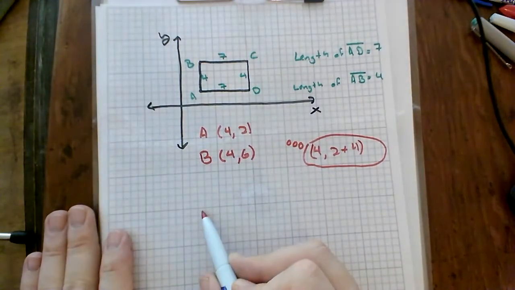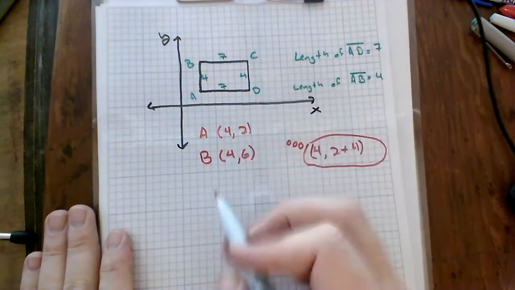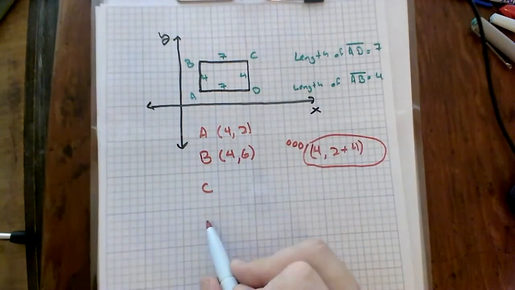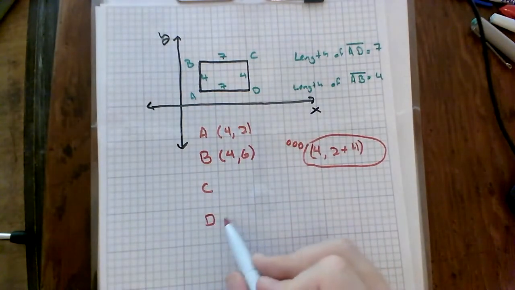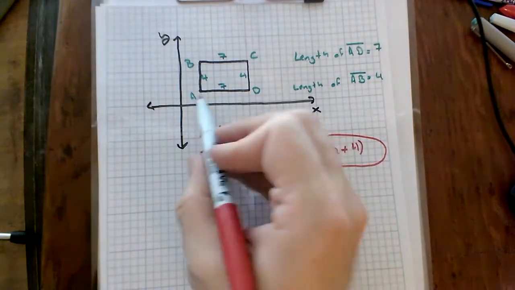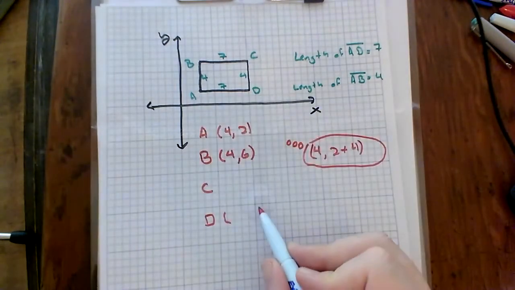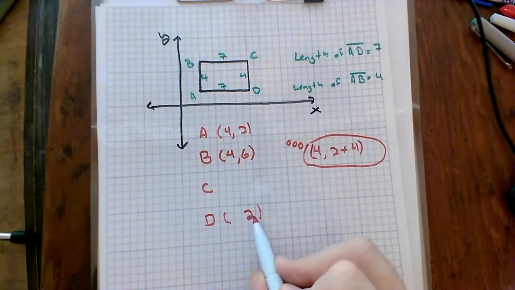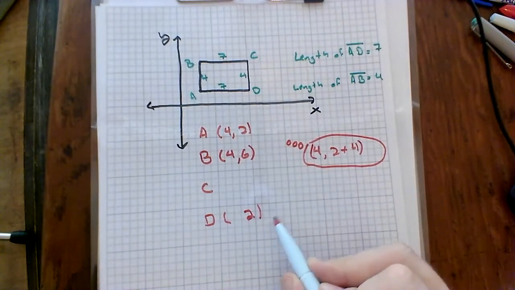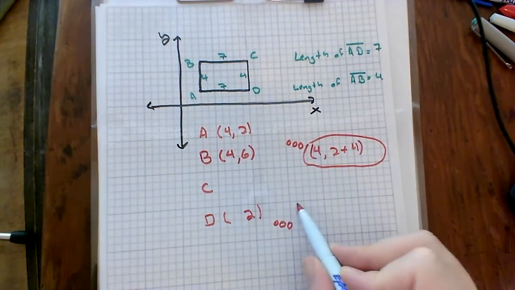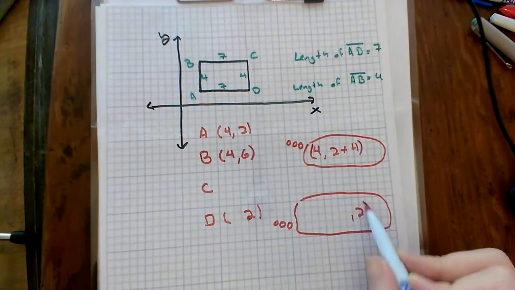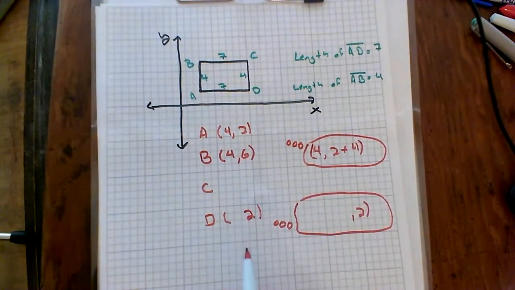For D, I'm going to leave myself a gap here because something more exotic is happening with C. But with D, it's not the Y value that's changing. The Y value is staying the same. So that Y value is going to stay 2. So what's happening is that 2 is staying the same, but my X value is increasing.